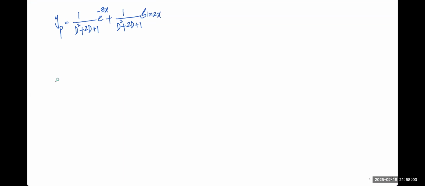Here, this is method 1. The rule of method 1 is we have to replace D with the coefficient of x, that is minus 3. Here the rule is to put D square equal to, because it is method 2, we have to replace D square. The x coefficient is 2, so the rule is we write minus 2 square.